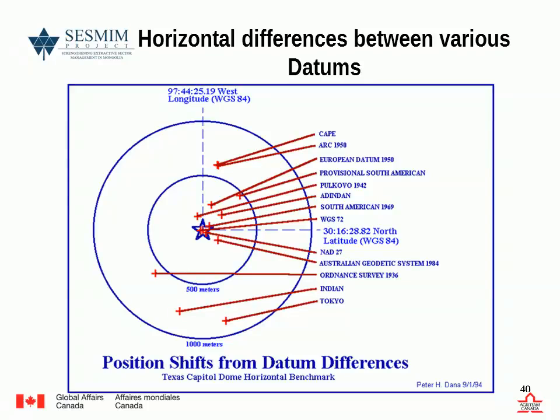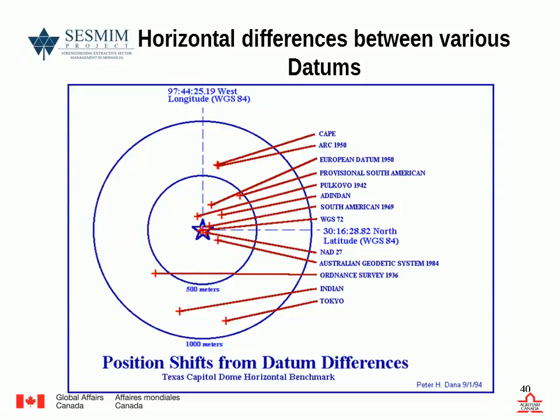This is the XY plot. If I take the same lat long and plug it into the Cape, the Cape and the Arc 50 are very close together. And if you use the European datum 1950, it will give you an XY over here. And so on. If you use different datums, you will get different XYs.